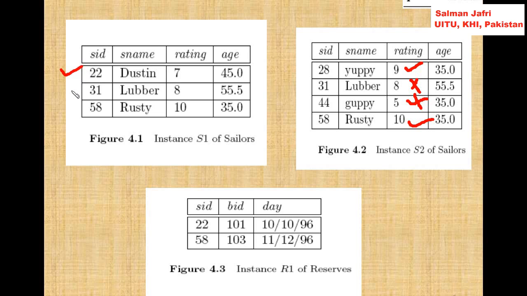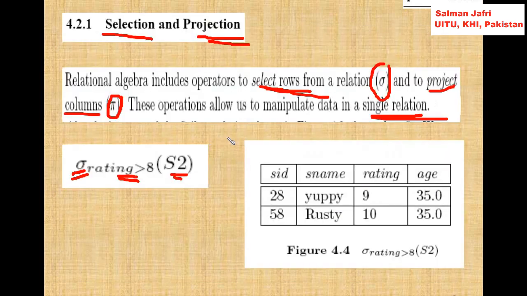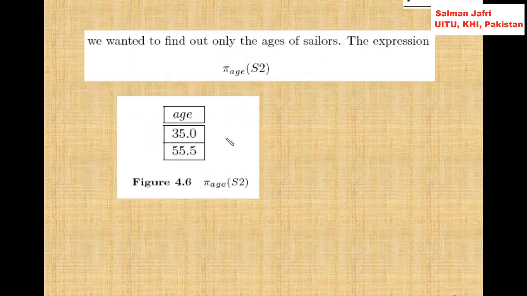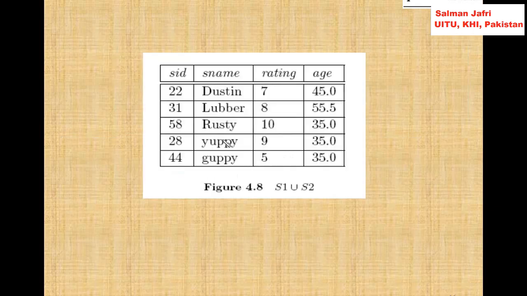This row would be included, this row would be included, this row would be included, and this one. So in total there would be 5 rows in the answer, yes or no? So these are the 5 rows as already discussed in S1 union S2.